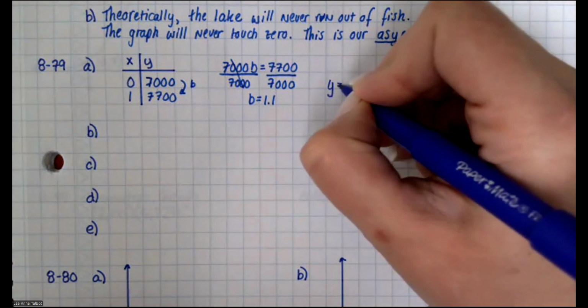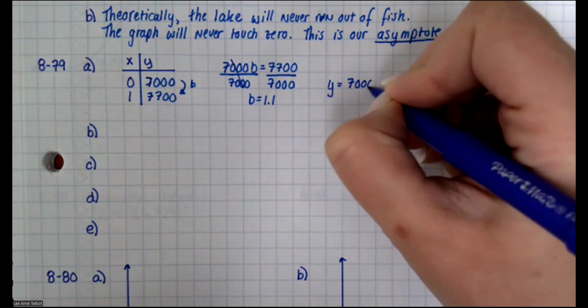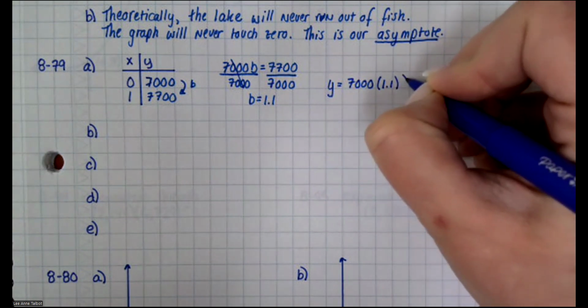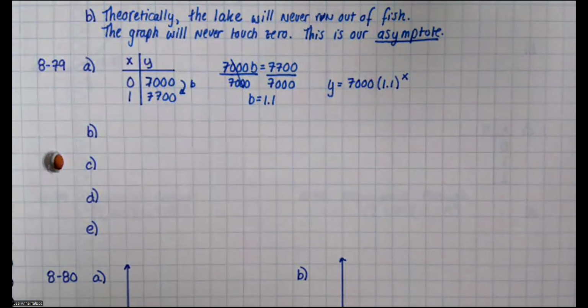Okay, so my equation is y equals 7,000 times 1.1 to the x.